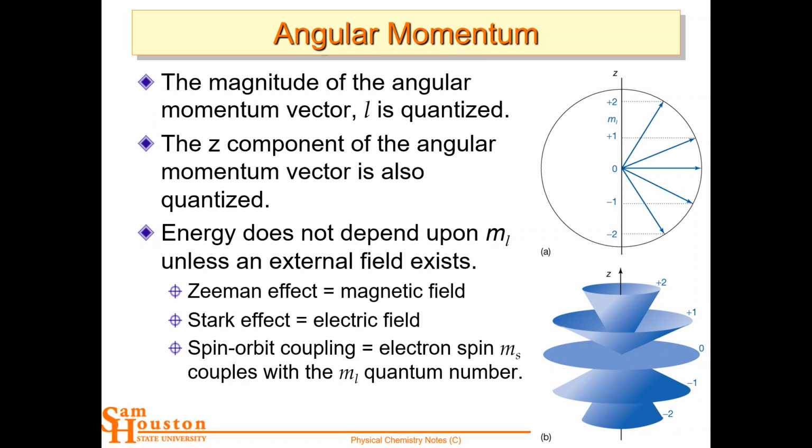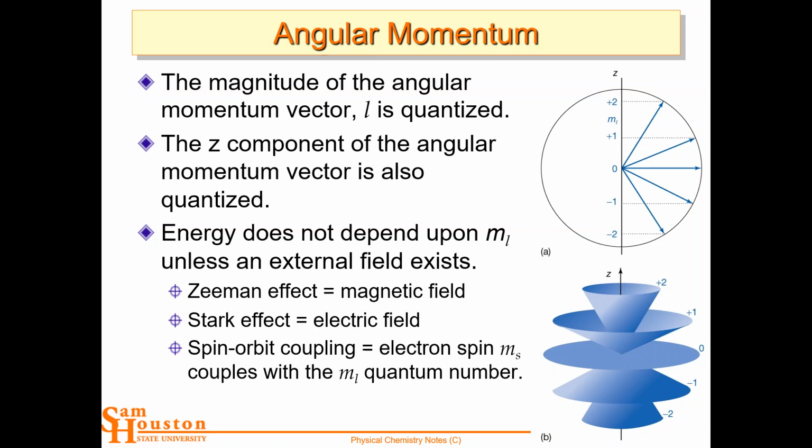Now that would be something that we would get this splitting due to a magnetic field, and that would be called the Zeeman effect. If we split it due to an electric field, because the electrons are charged, that's the Stark effect. And if we just get high resolution spectroscopy and we see this little splitting occur naturally, what's going on? Well, the spin of the electron is like a tiny little magnet. And so it's putting itself in its own magnetic field, and that's called spin-orbit coupling.